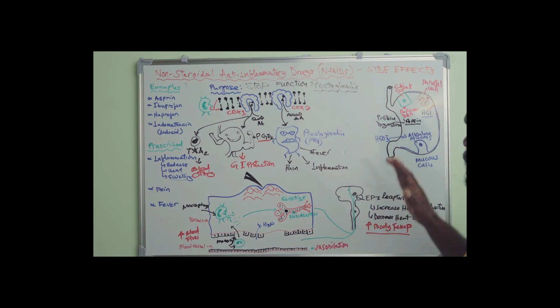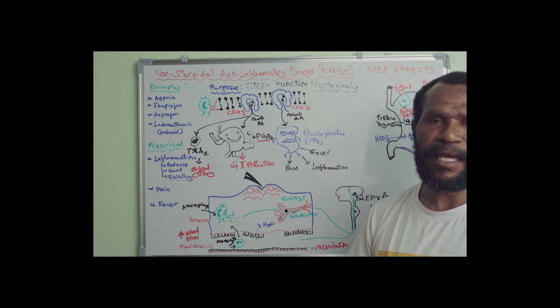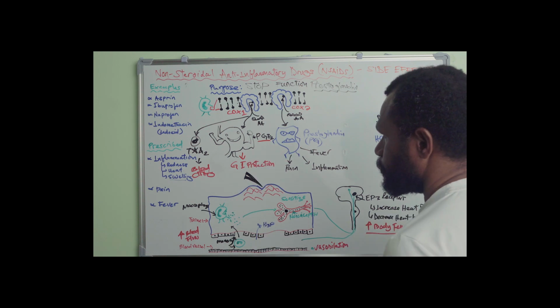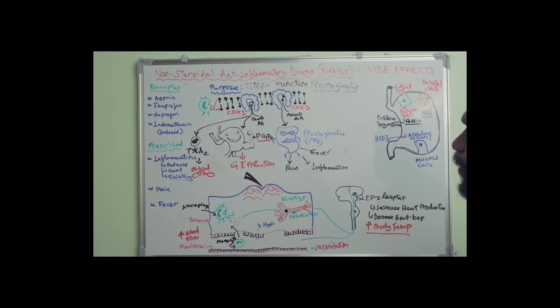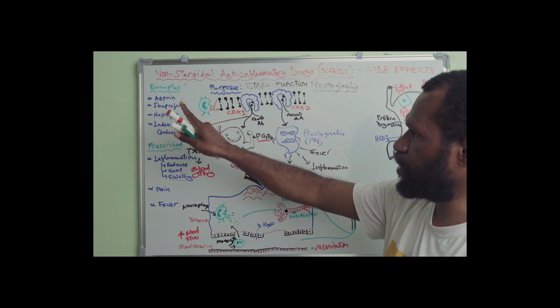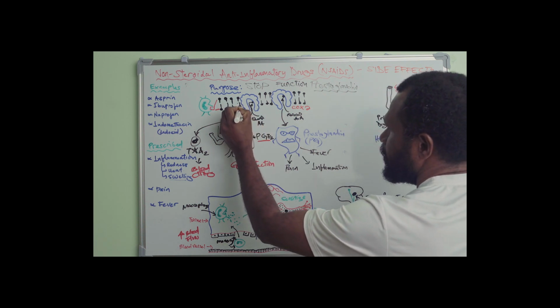So the 1 to 3 mil thick mucus must be maintained every time, because that is what provides a physical barrier. It protects the stomach lining from pepsin and hydrochloric acid. Now let's come back here. The function of these NSAIDs like aspirin and ibuprofen is to inhibit this enzyme.